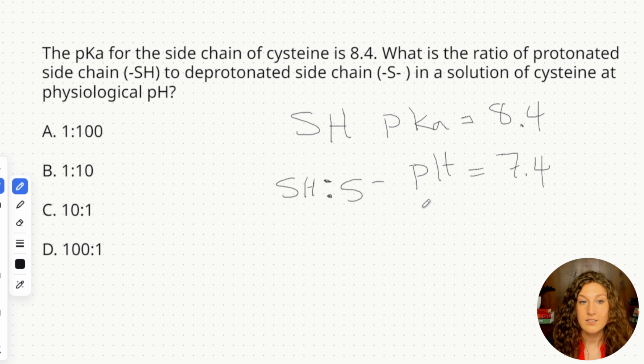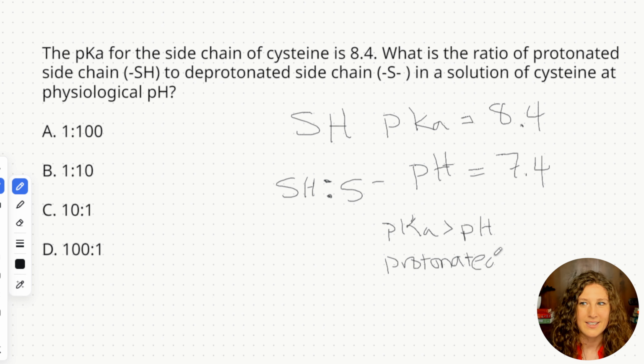So we could do the Henderson Hasselbalch, we could figure this out, or we could think about this conceptually first. Let's try that. So if our pKa is greater than our pH, what are we going to have? The protonated state, right? We know that from our rules.